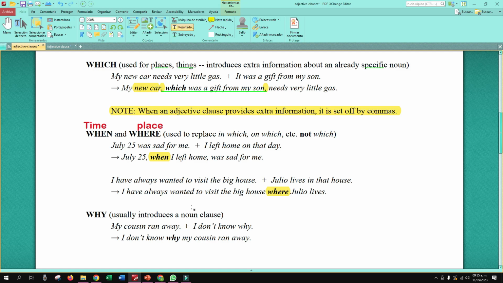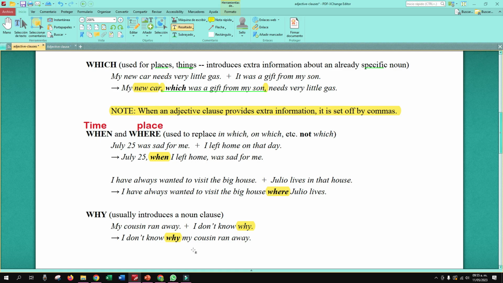Also we have why. It usually introduces a noun clause. My cousin ran away. I don't know why. Here you have it at the end. If you combine them, you can say, I don't know why my cousin ran away.